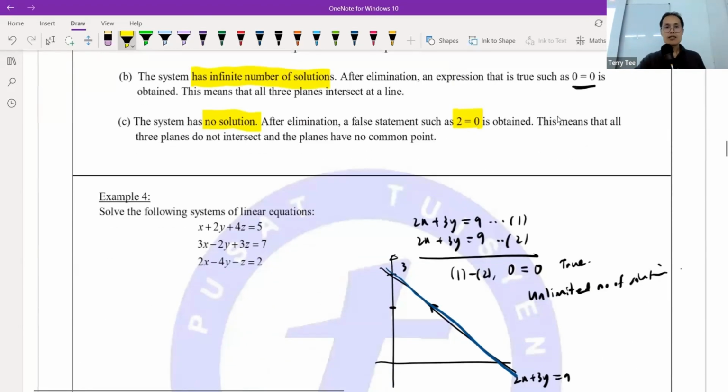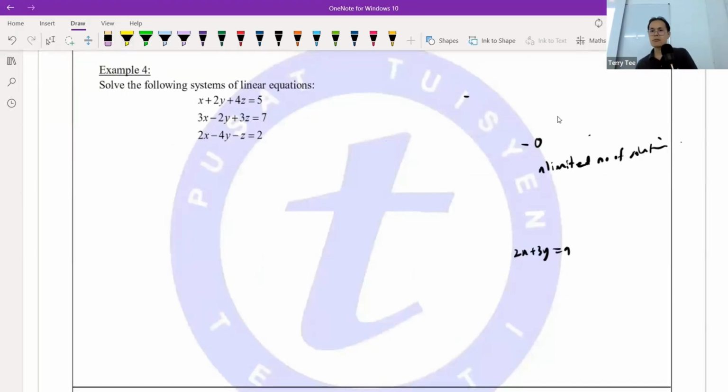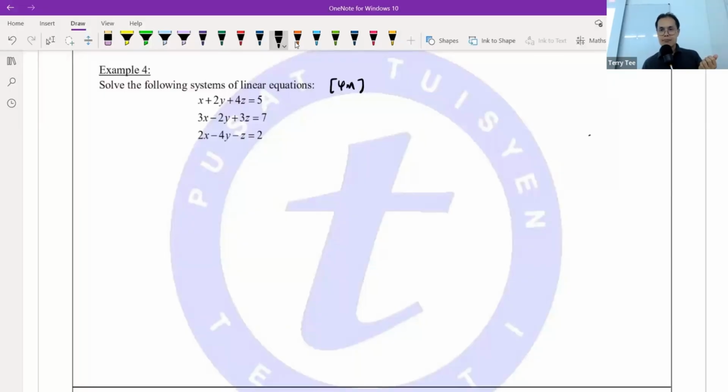Typically this question will come out as a very short question, like 4 marks type, because they can't give you a long one. If you have a solution, usually it's longer, like a 5-6 marks question, because the question will not tell you it's unlimited. But what I can say is this, usually a 4 marks question in exam has either unlimited or no solution.